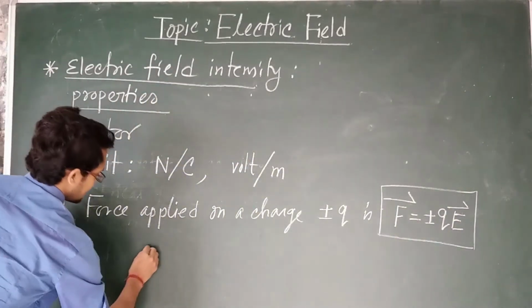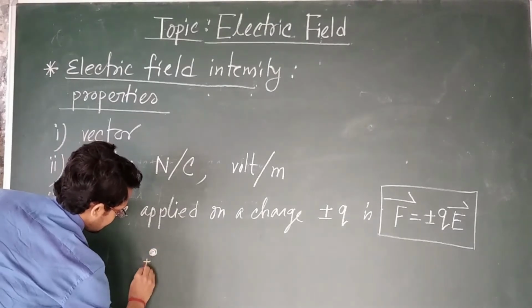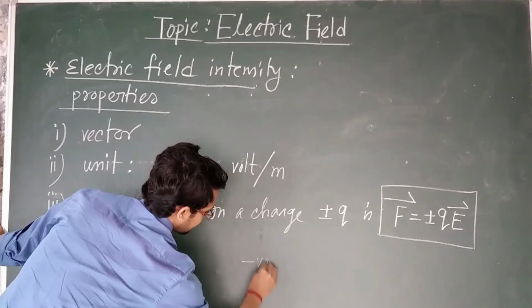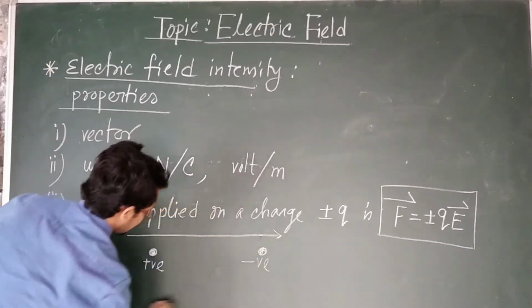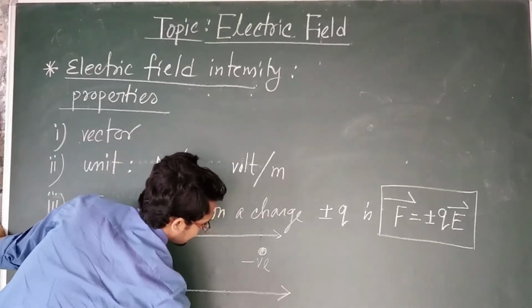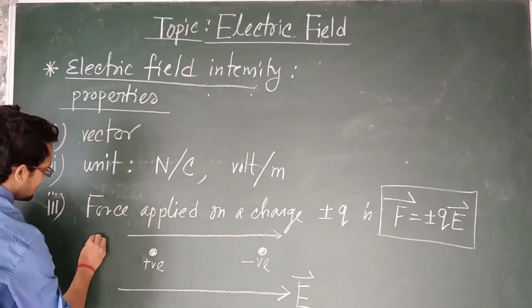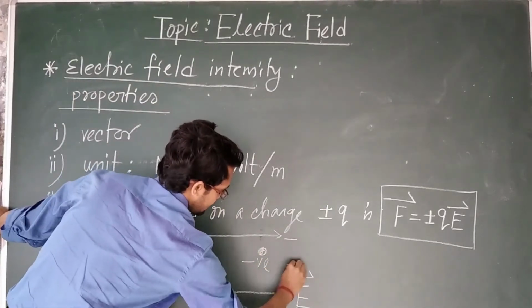So if we place two charges, one positive charge and another negative charge, and this electric field is acting in this direction. This is the direction of electric field, and electric field always acts from positive side to negative side.